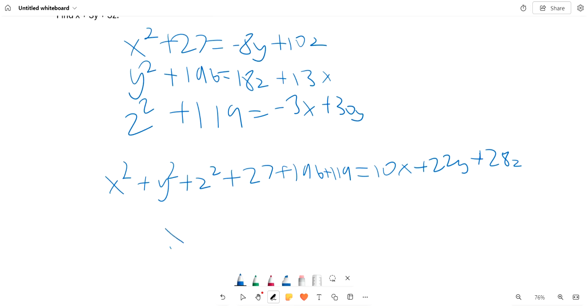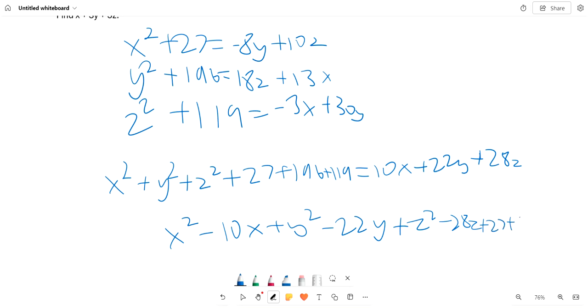And so we can subtract all the things to the left side, get x squared minus 10x plus y squared minus 22y plus z squared minus 28z plus 27 plus 196.